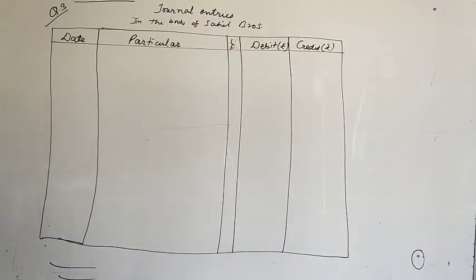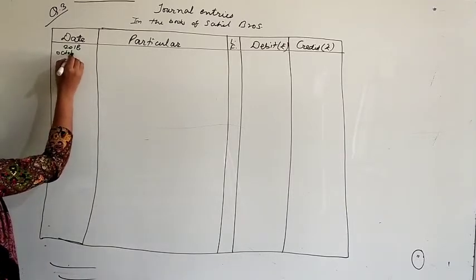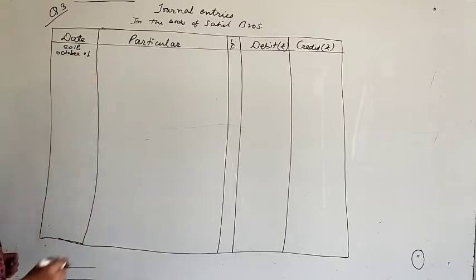October 1st, 2018. The first transaction takes place on October 1st, 2018: purchased goods from Anil for cash.